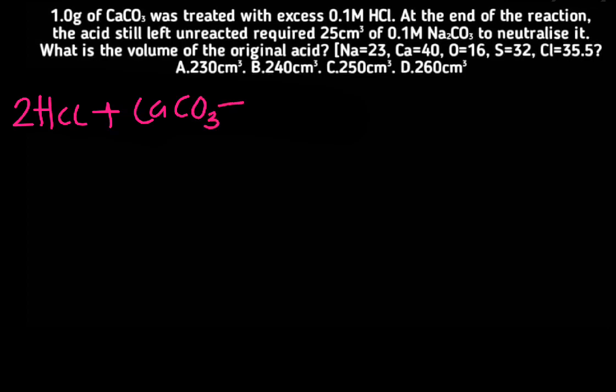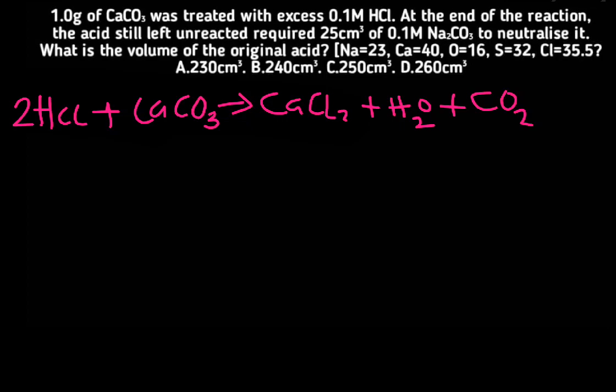This would give us calcium chloride, CaCl2, plus water, H2O, plus carbon(IV) oxide, CO2. So this is what we got, and this is a balanced chemical equation.